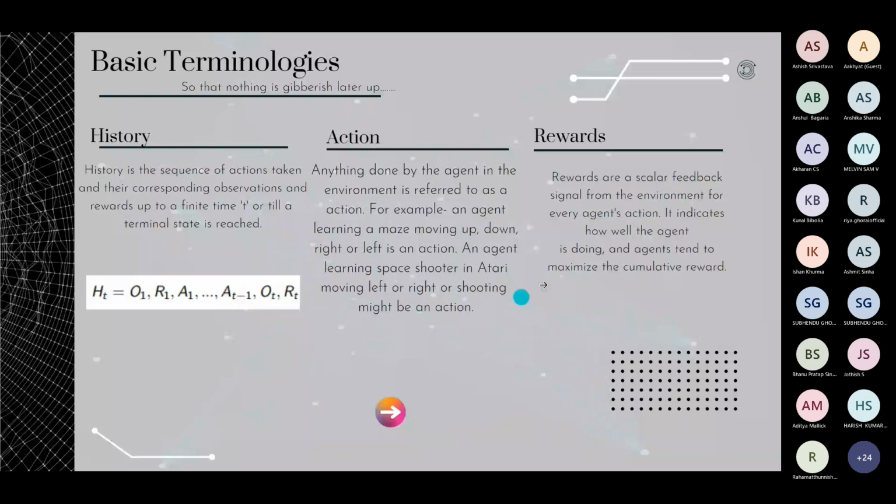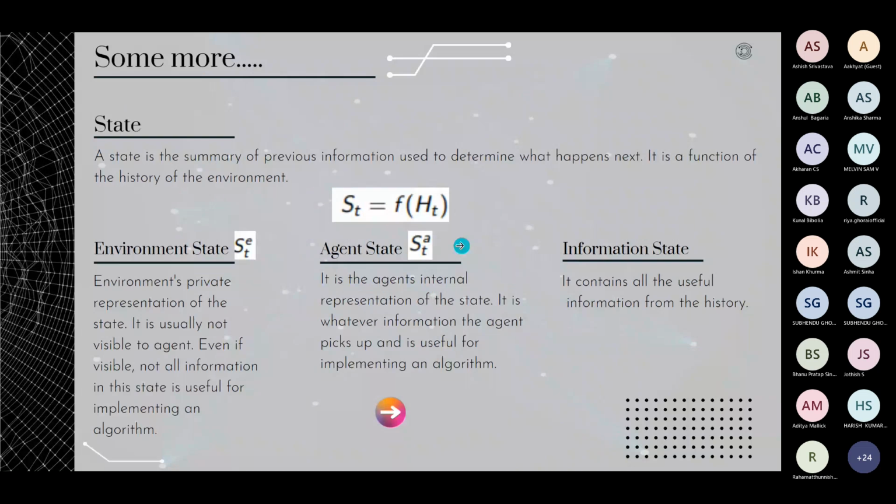Usually it is a scalar feedback signal from the environment, and it tells the agent whether the action is good or bad. The final goal of any reinforcement learning problem is to maximize the total reward that you can get from this environment.